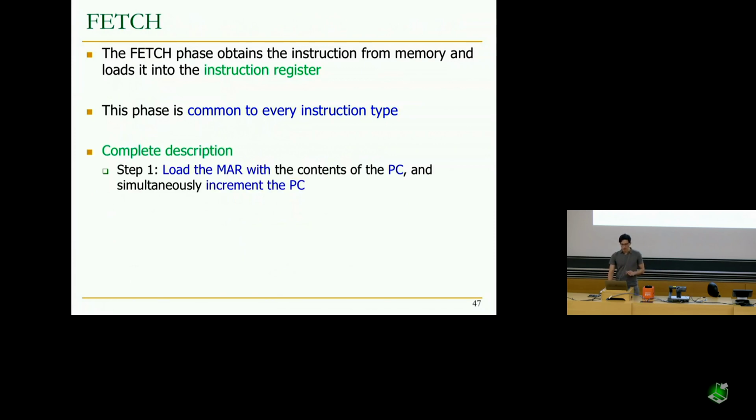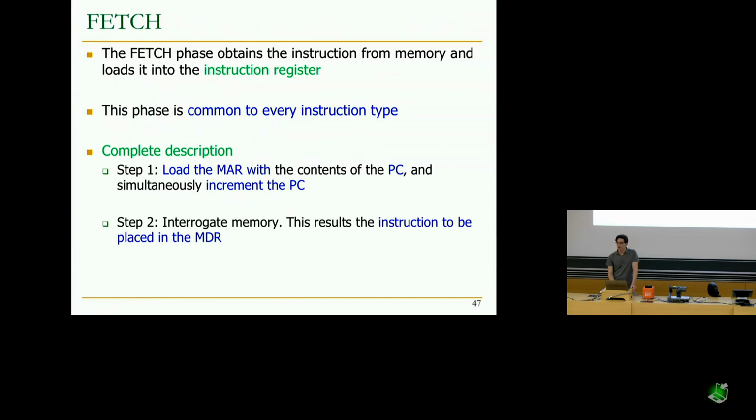The complete description has 3 steps. In the first step, we move the contents of the program counter to the MAR, because we are going to access memory. Recall that the MAR has to contain the address that we want to access in memory. And at the same time, we can increment the PC so that the PC starts pointing to the next instruction in the sequence.